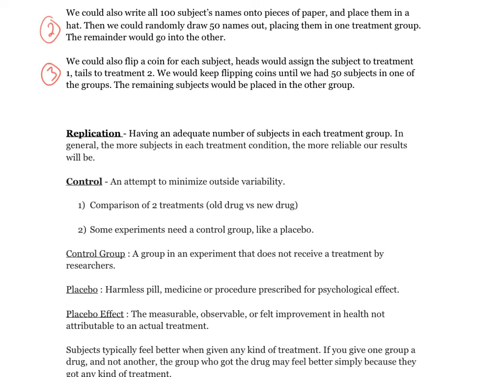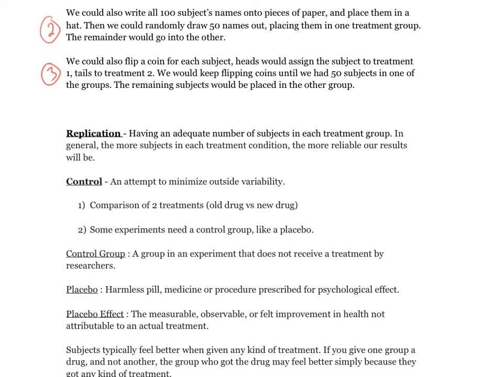A second fundamental part of an experiment is replication. And that means having an adequate number of subjects in each treatment group. In general, the more subjects in each treatment condition, the more reliable our results will be. The more people you have in the groups, the more we balance out all of those hidden variables that people may have, like prior health conditions or smoking habits or exercise levels, all that kind of stuff.